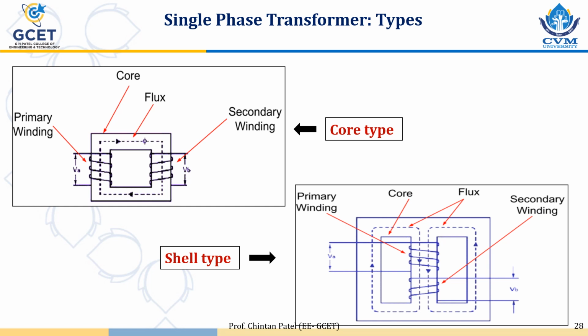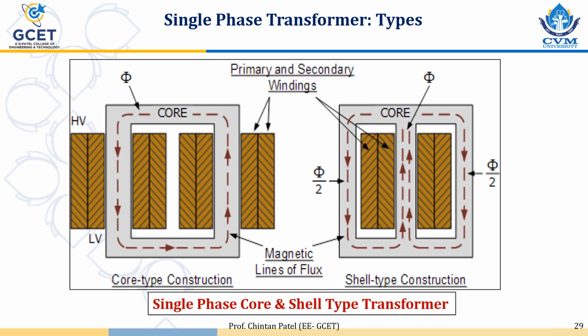So winding is surrounded by core limbs. On a common limb in shell type transformer, primary and secondary winding are provided. So this is another schematic diagram, HV and LV windings and magnetic core. So core type and shell type transformer.